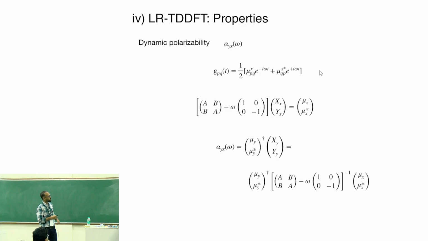Right. So for beta, or say the first hyperpolarizability, you will have to now solve the second order equations, I think. This is linear response. This is dipole polarizability.